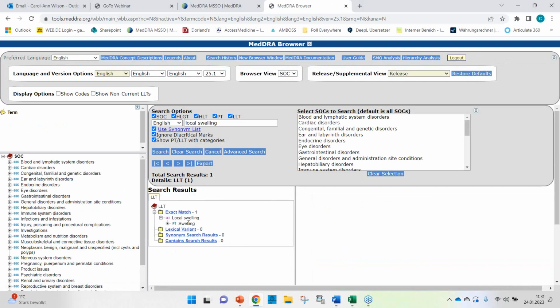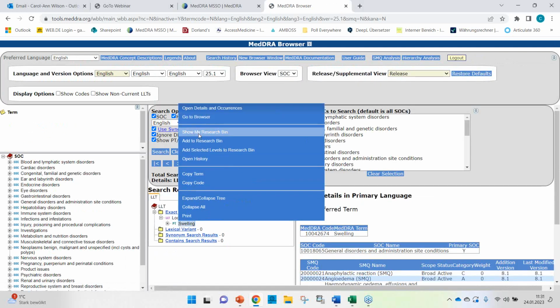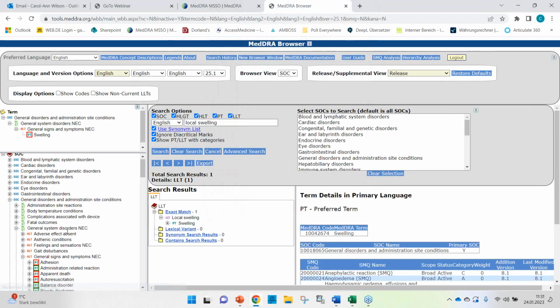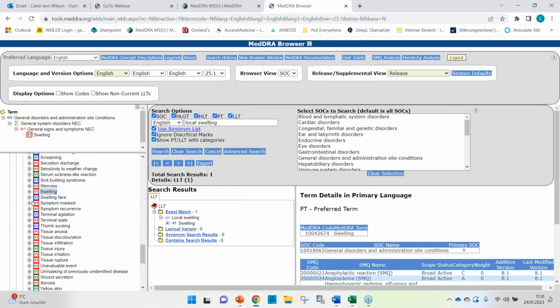This is grouped under swelling. Go to browser. In general disorders, SOC, so a very vague term, but this is exactly what has been reported here. We don't know what really caused the swelling, what structure in the chest wall has caused the swelling, and that's why local swelling would be the best approximation to our verbatim here.